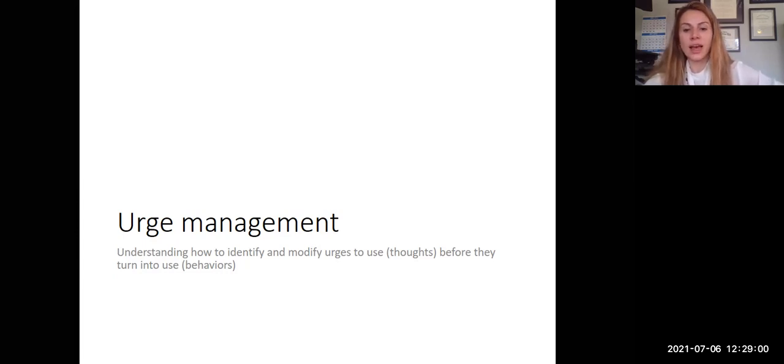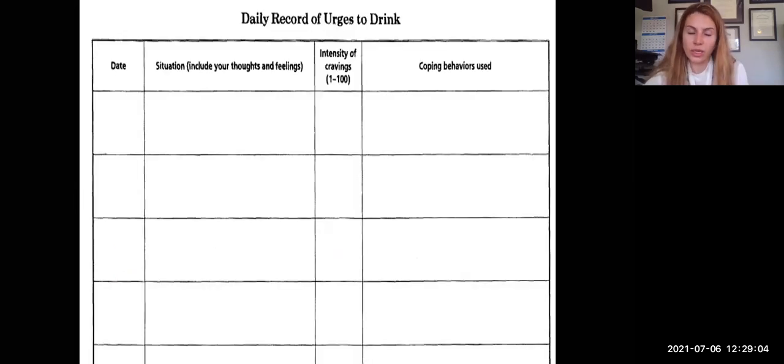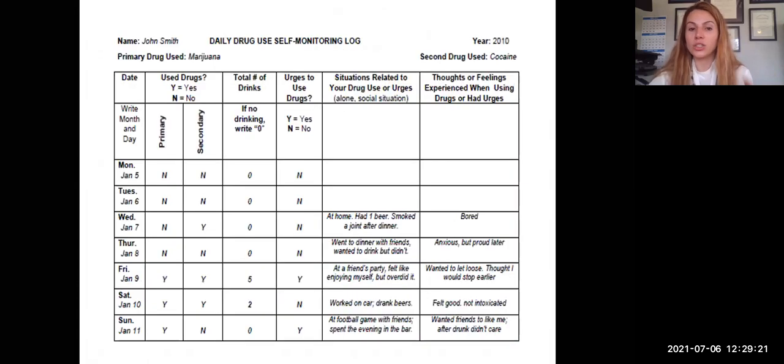So understanding that connection between the thought and the behavior, that there's something in between called an urge or a craving, you can intervene at that level too. And we want to start by teaching logging skills. So having people write down dates and situations when the craving is occurring, rating it between 1 and 100, or putting some numerical rating on it. And then what do they do in that?